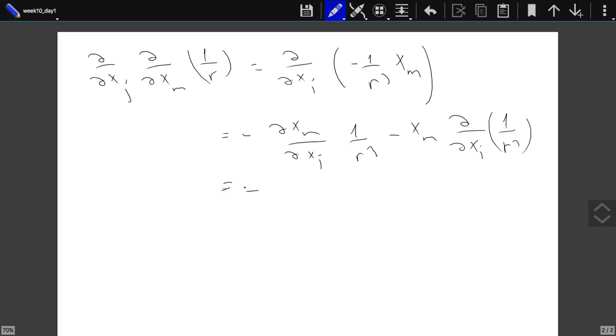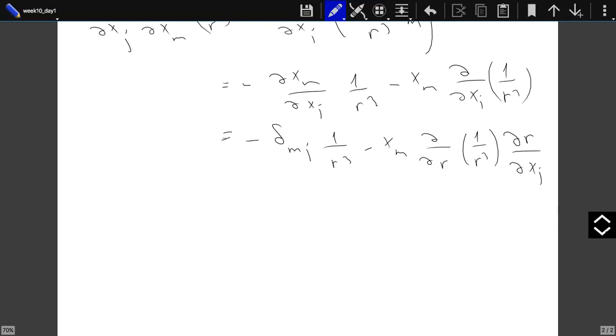This will be equal to minus the first one. Again, if m and j are the same, it's 1. If they are different, it is 0. Kronecker delta m j, 1 over r cubed, minus x_m times the derivative with respect to r of 1 over r cubed, and the derivative of r with respect to x_j. This derivative is minus 3 over r to the 4. I will not repeat the derivative of r with respect to x_j. It will just give me x_j over r.